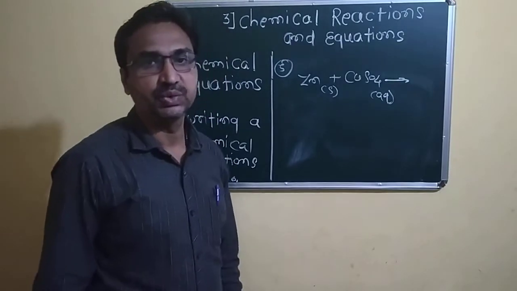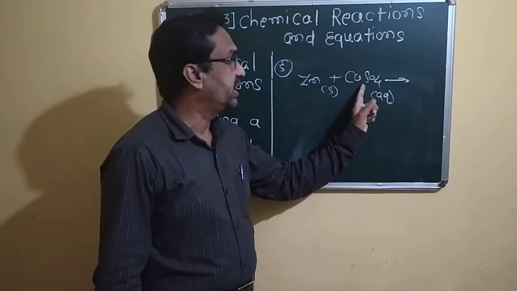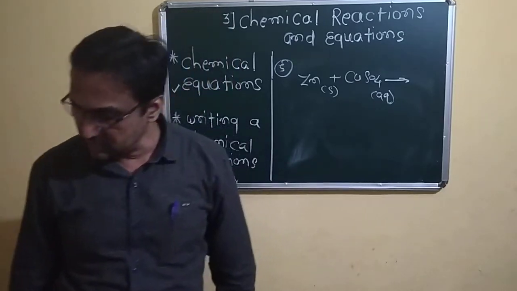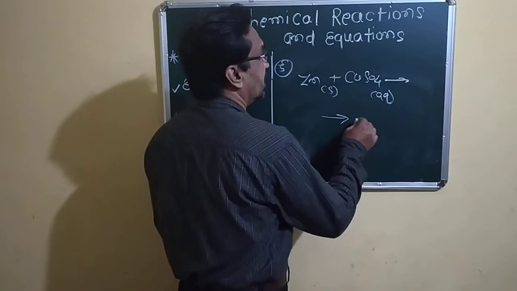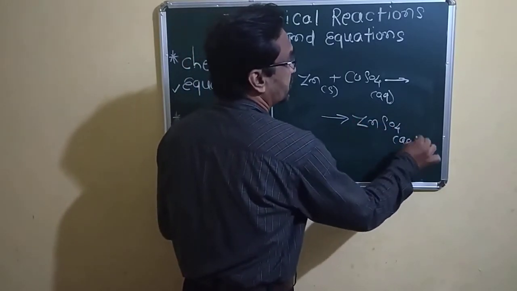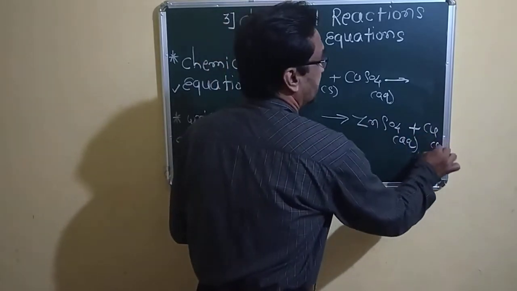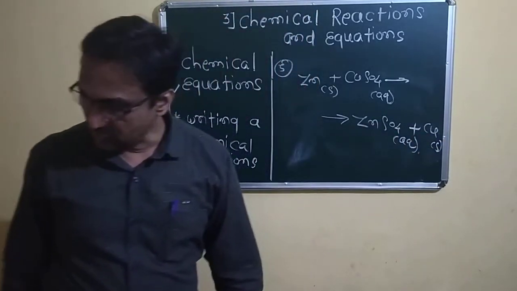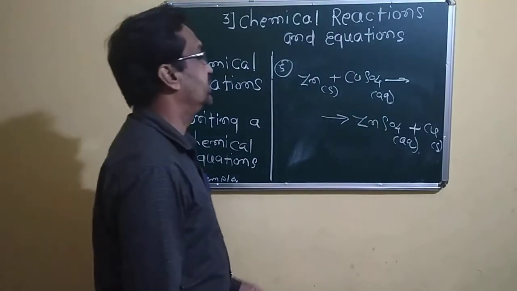So we have to mention AQ, that is aqueous solution, and this reaction takes place and we can form ZnSO4, that is also an aqueous solution, plus copper, that is in a solid state.